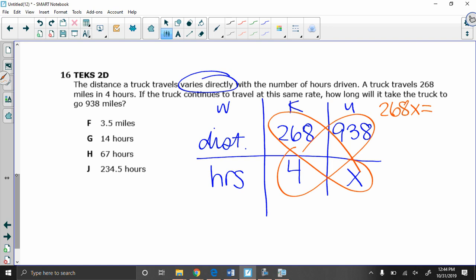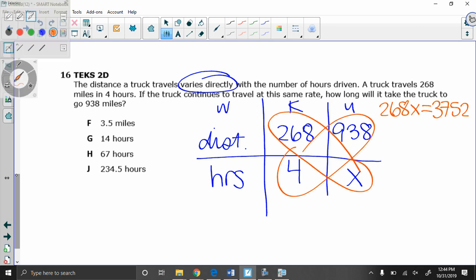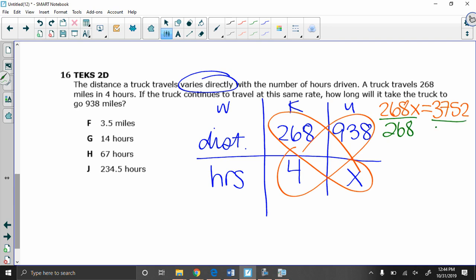We get 3,752. And to finally solve this question, I'm going to divide both sides by 268. And we get x equals 14. So it would take 14 hours to go 938 miles.